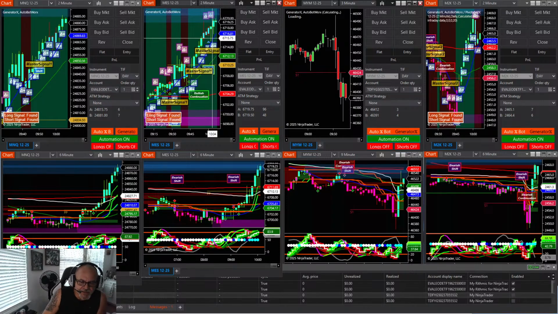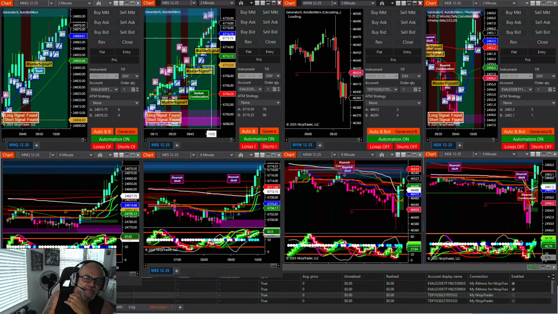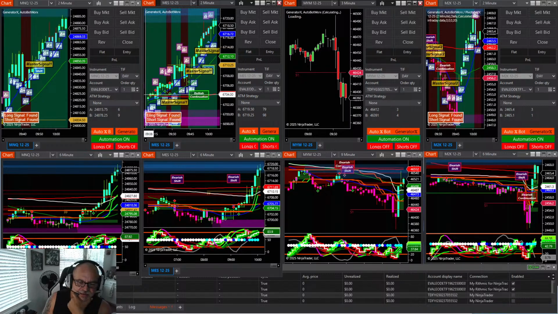Which we're not going to do because we know what changing the charts does when the strategies are on. So we'll see. We did get a pullback to the 9 here on the 10:02 candle, and then went and broke the previous high, so we're still looking at a pretty strong market.